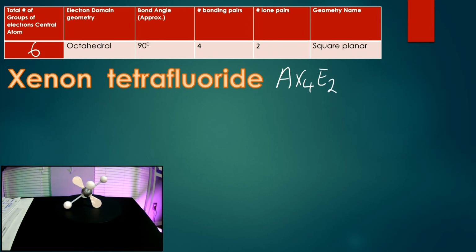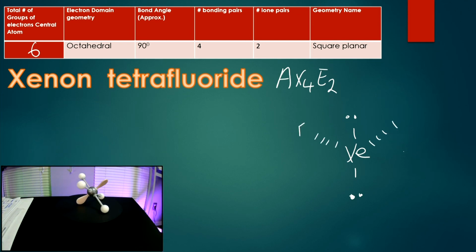We know that the electron domain is octahedral. Our bond angles are 90. So we'll put our Xe in the center. We'll put our lone pairs up here and here. And then either side, we're going to have our fluorines.